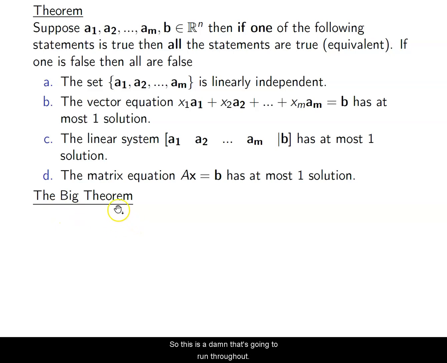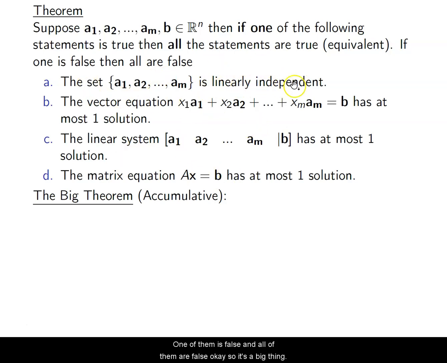This is a theorem that's going to run throughout, let's say, half of the course. We're going to call it cumulative because as we develop more and more things to work with, we're going to add to this theorem. It's going to work the same way as this. We're going to have a couple of things that we say are true, and if one of them is true, all of them are true.